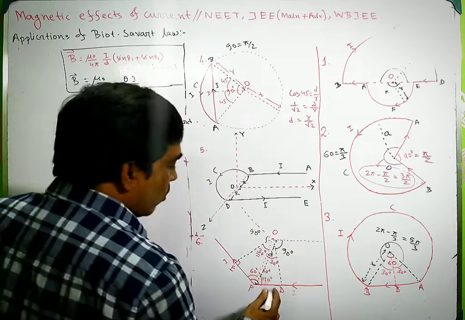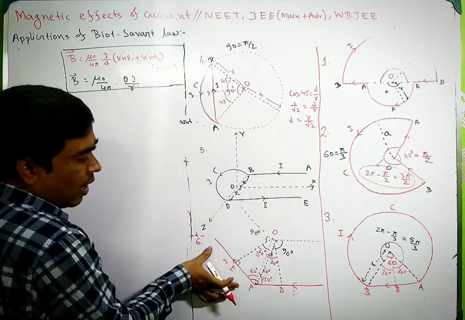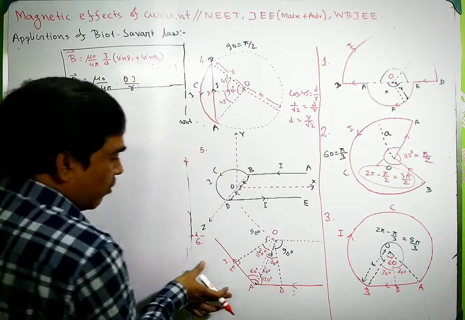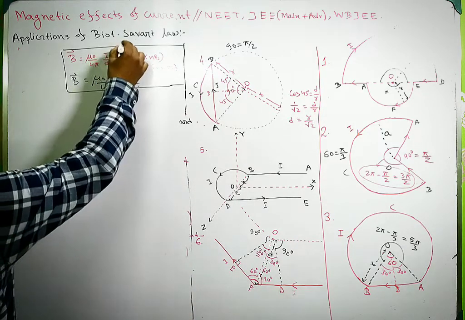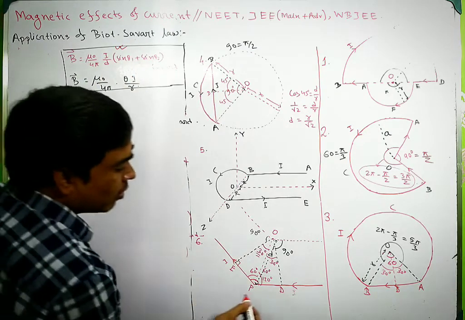Okay, so the magnetic field due to this portion and this portion can be calculated using this formula. This is problem number 6.